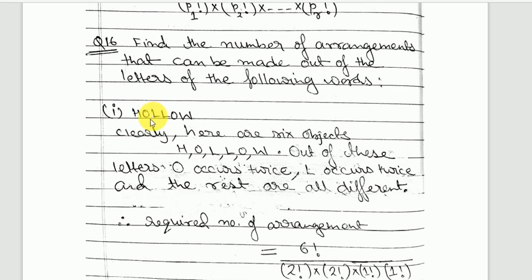You can say there are 6 objects: H, O, L, L, O, W. Out of these, letter O occurs twice, L occurs twice, and the rest are all different.